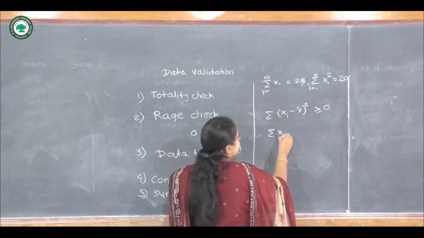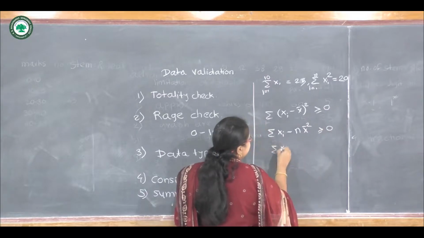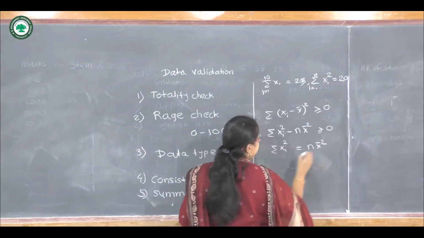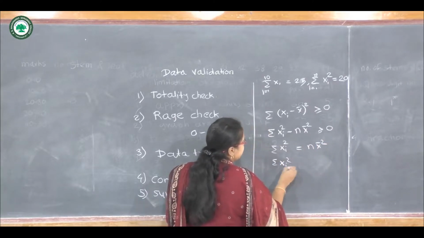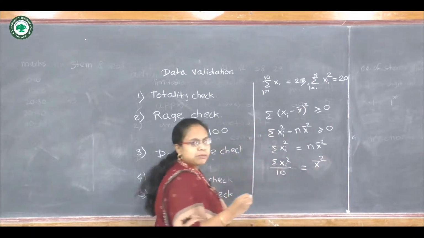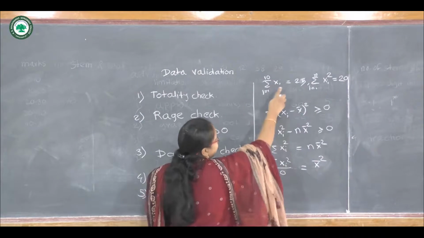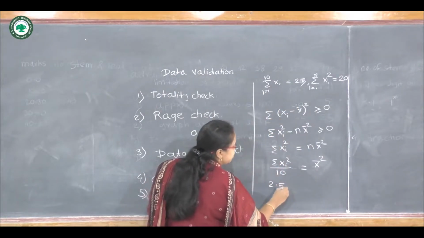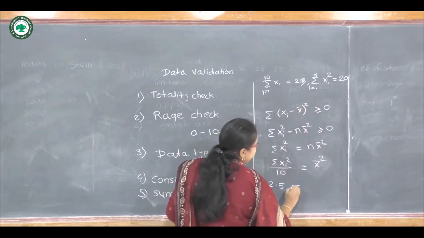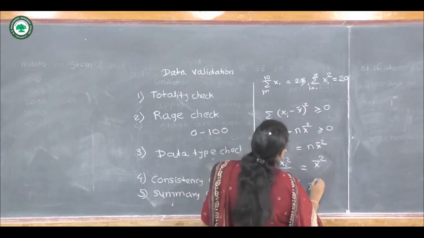So we can write summation of (xi minus x bar) square should be positive. Then summation of xi square minus n x bar square, that is, summation of xi square upon n should be greater than or equal to x bar square. But here if we substitute the observations, this is 25 upon 10, meaning 2.5, and x bar square is not the same, so this is not satisfied.